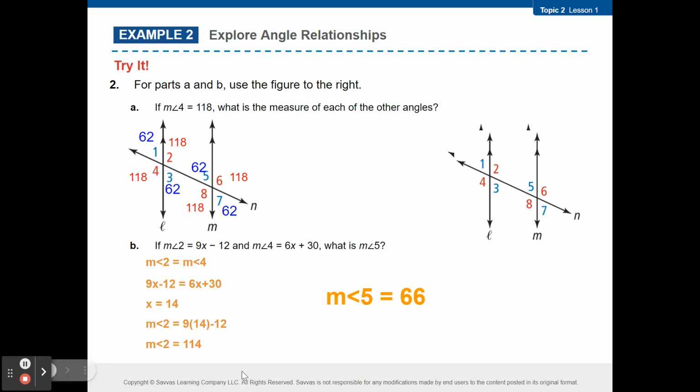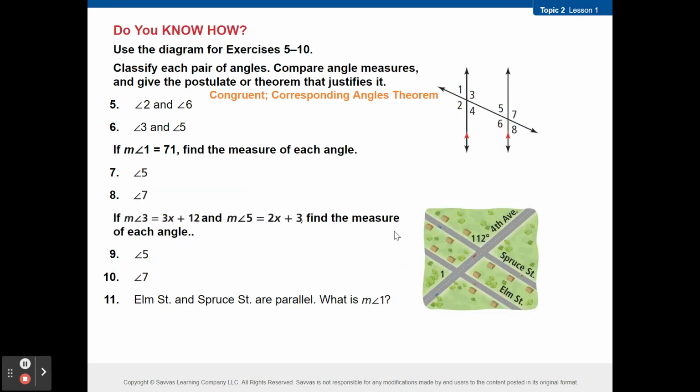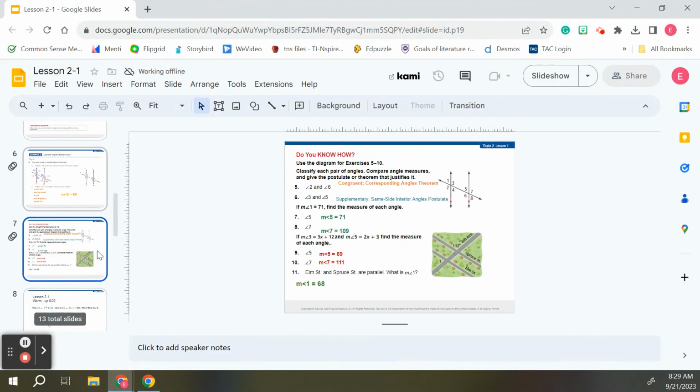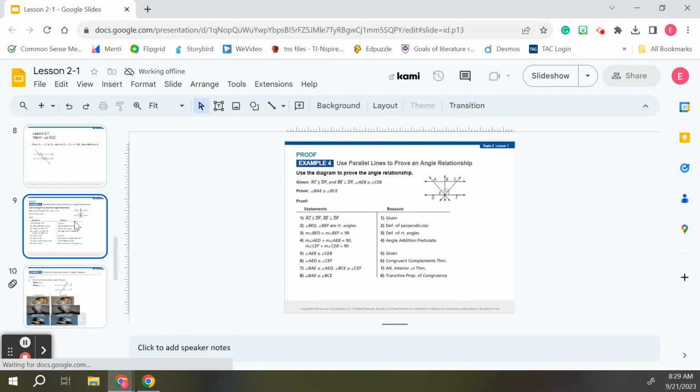There is everything. Anybody still writing? Going once, going twice. All right, we're going to skip this for right now. It's going to take forever to get through. Let's get to here.